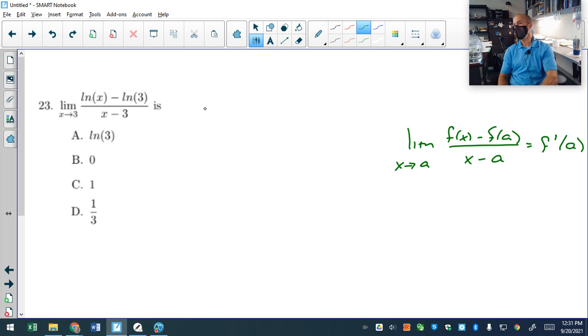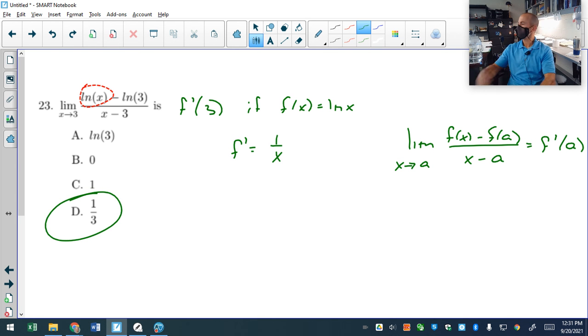I'm going to find the hidden question. This is asking you to find f prime of 3, since x approaches 3, if f of x is natural log of x. So if you can find that hidden question inside the limit, we can ignore the limit. If f is natural log x, f prime is 1 over x, and f prime of 3 is 1 over 3.